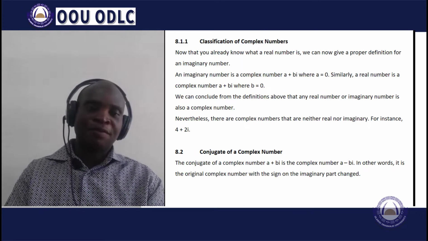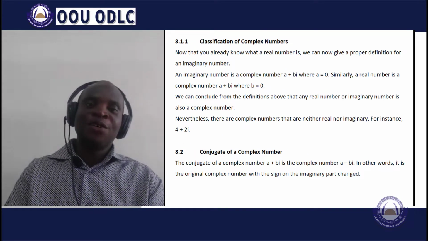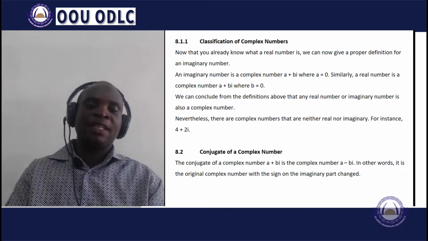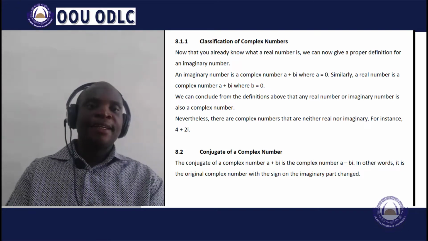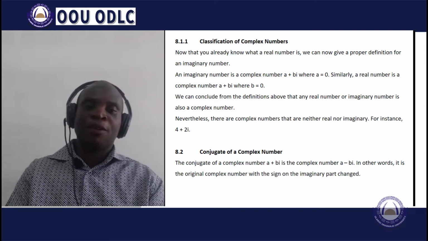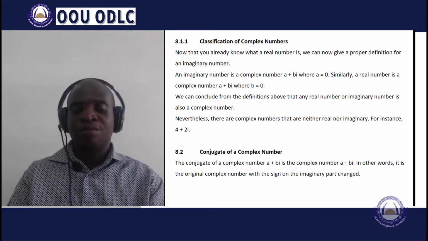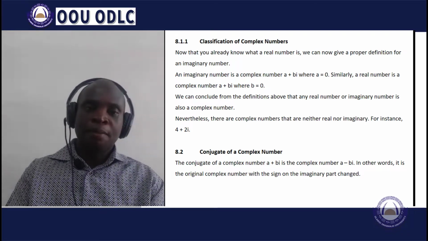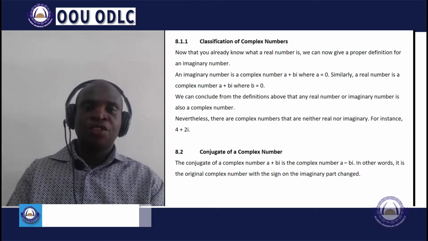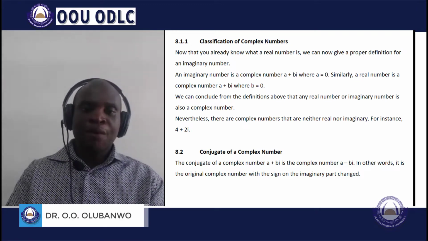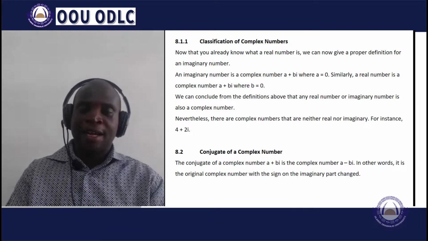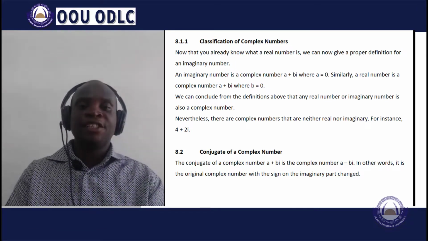Classification of complex numbers. Now that you already know what a real number is, we can give a proper definition for an imaginary number. An imaginary number is a complex number a plus bi, where the real part, which is a, is 0. Similarly, a real number is a complex number a plus bi, where b is equal to 0. Basically, if there is no imaginary part in a number, it shows the number is real.